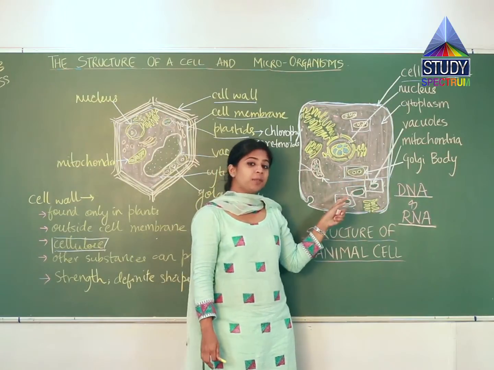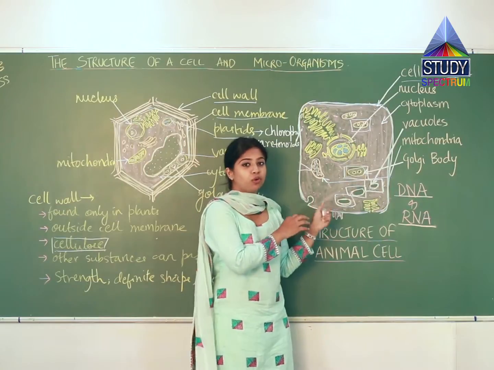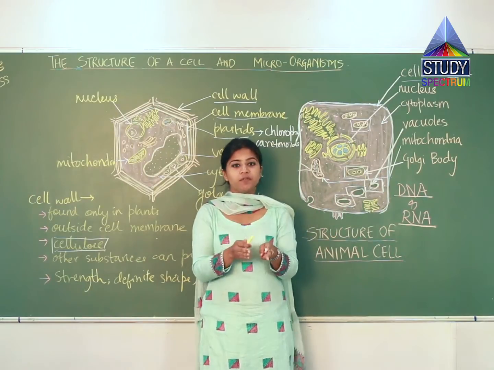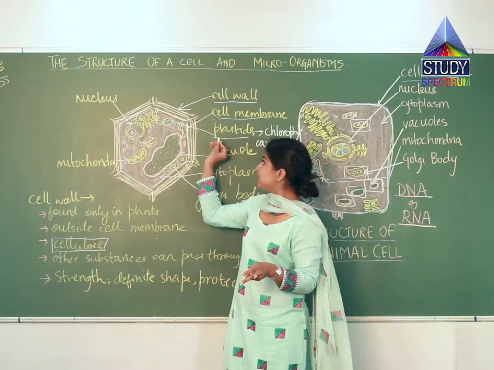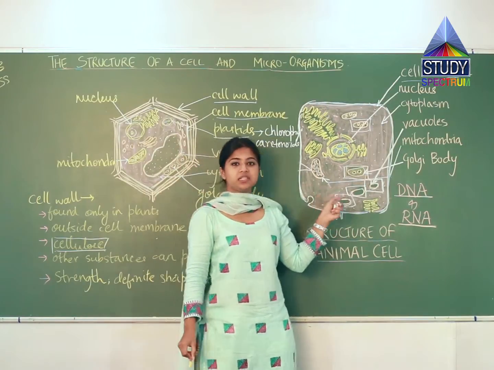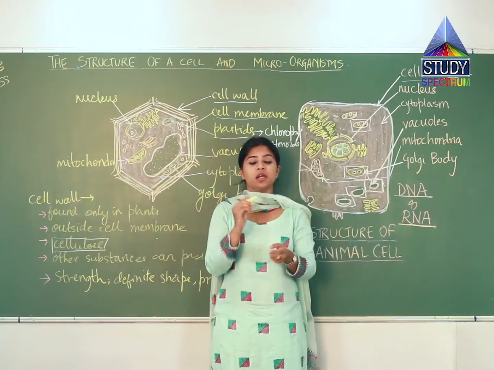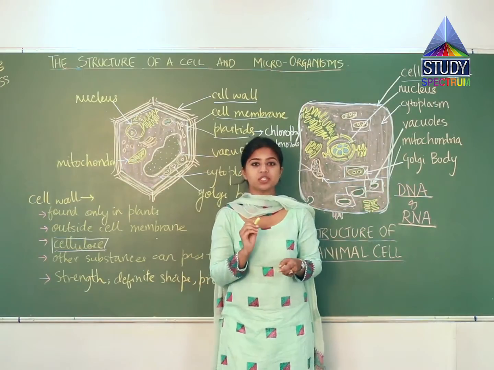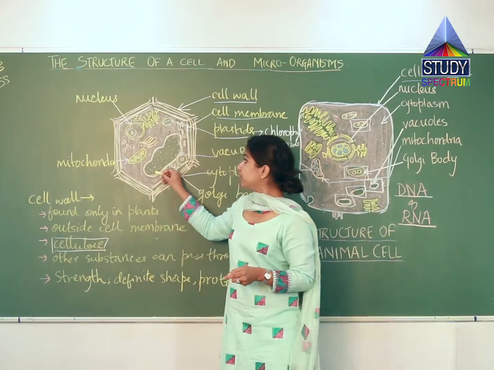Animal cells lack plastids and therefore they lack chlorophyll. So the point of differentiation would be that the plant cells have chlorophyll present in them, while the animal cells lack chlorophyll in them.